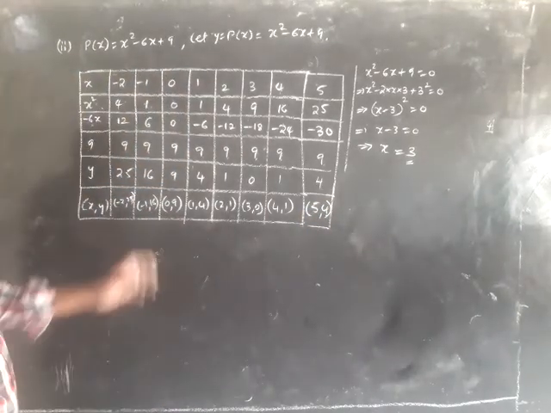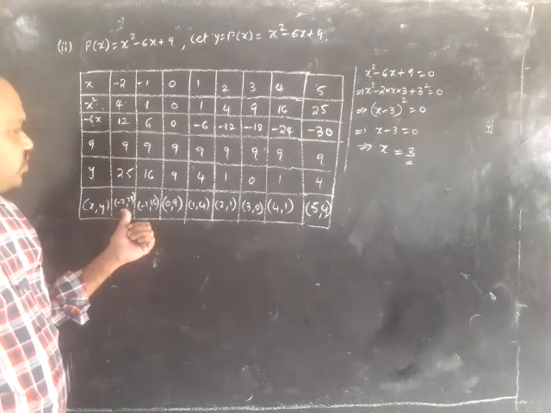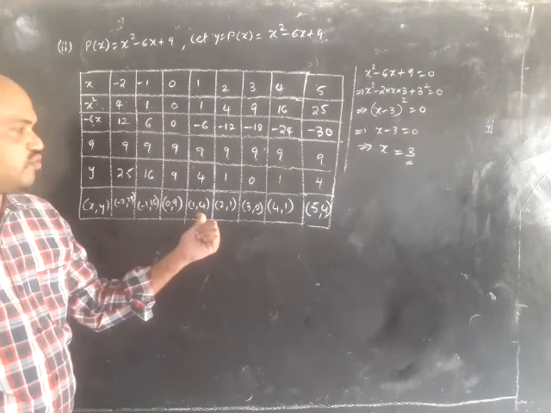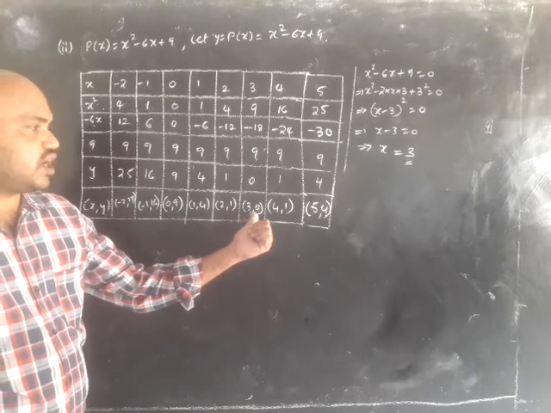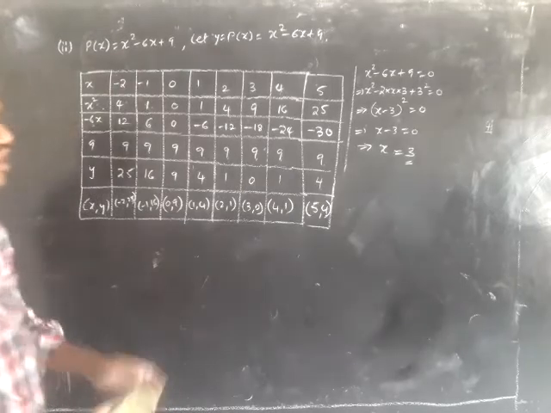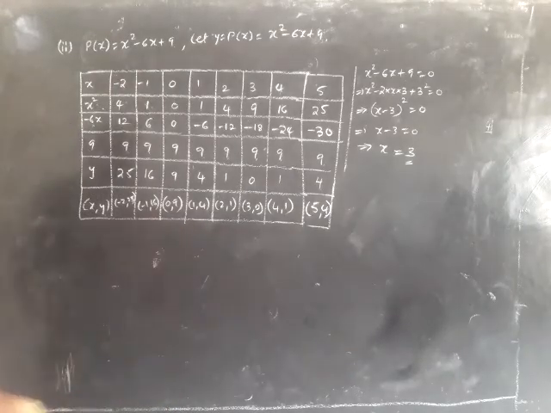So we got the points: minus 2 comma 25, minus 1 comma 16, 0 comma 9, 1 comma 4, 2 comma 1, 3 comma 0, 4 comma 1, 5 comma 4. These points we have to plot on the graph.